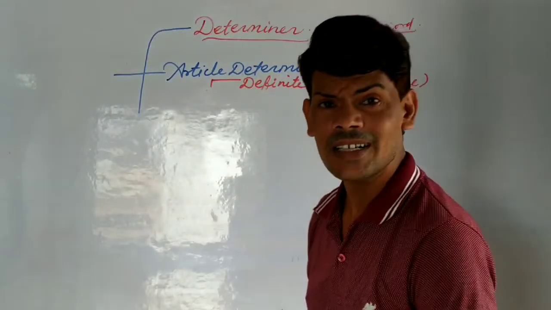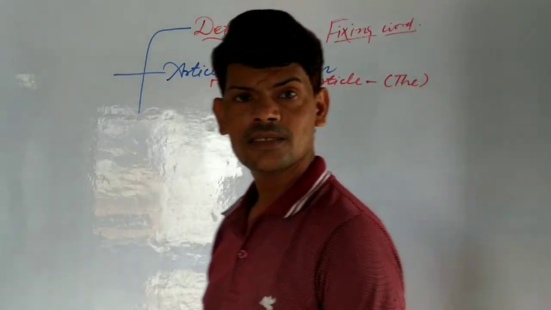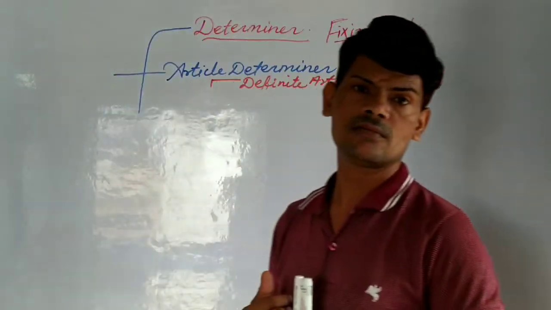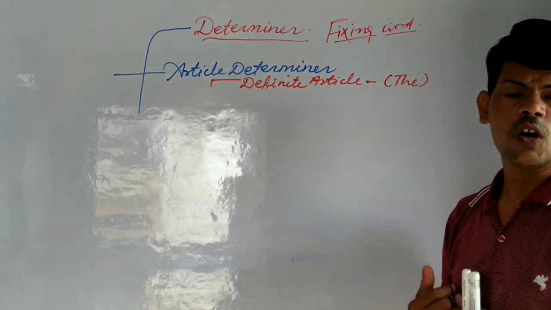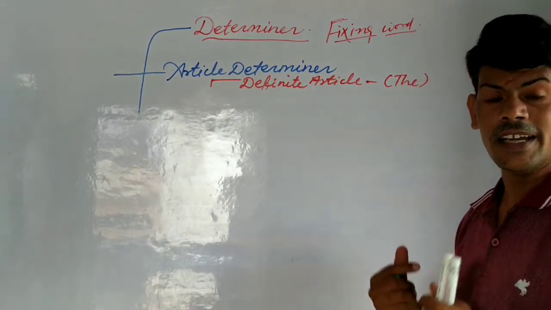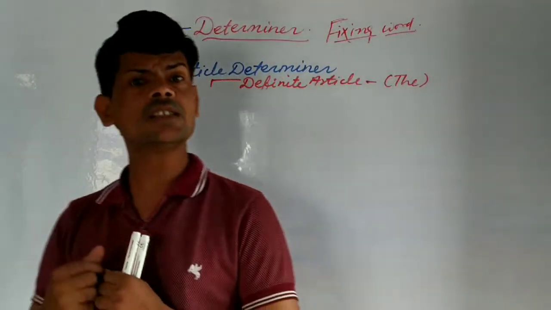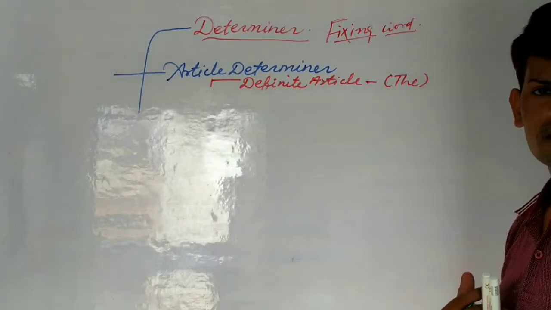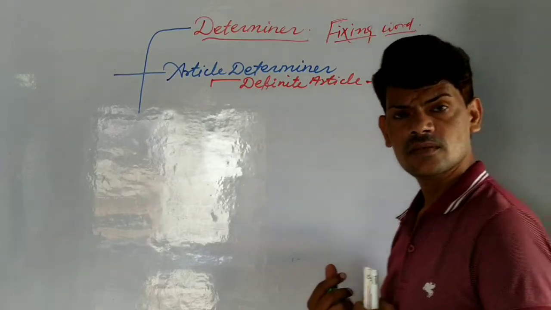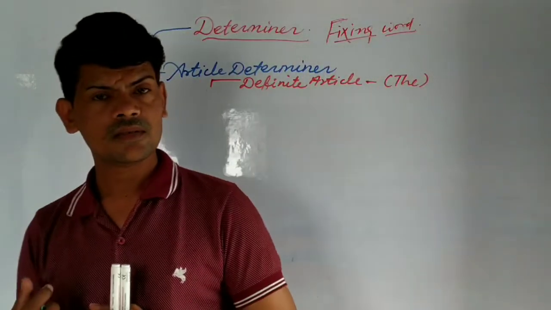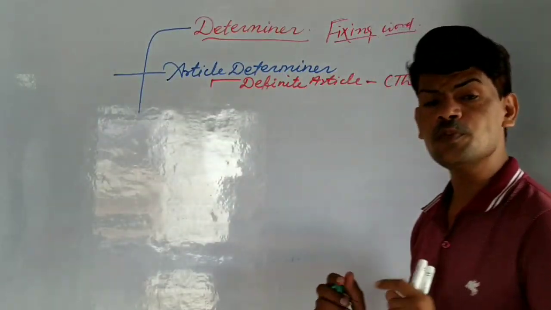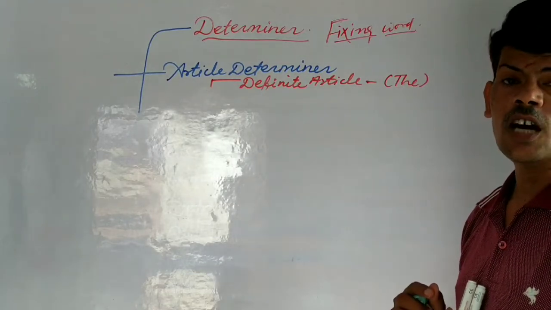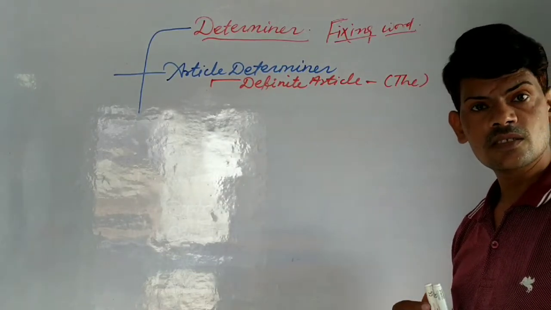Students, definite article indicates the specific object, specific person, place, thing. It is always used to particularize noun or noun words.